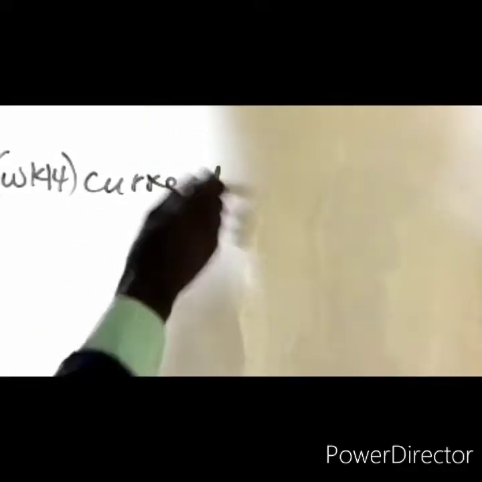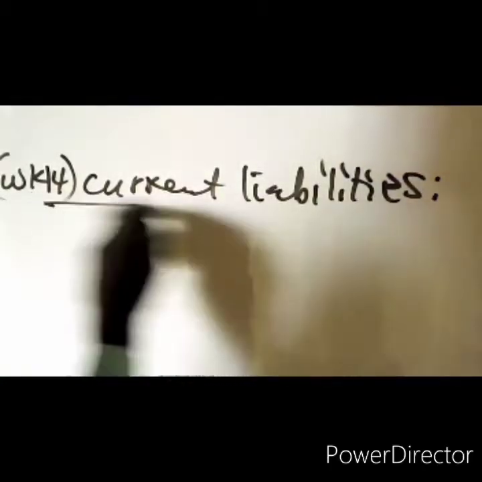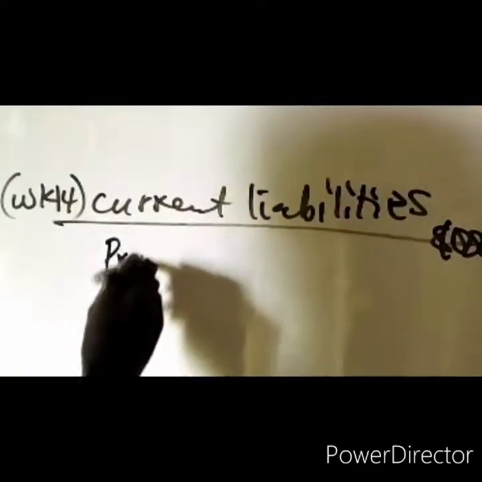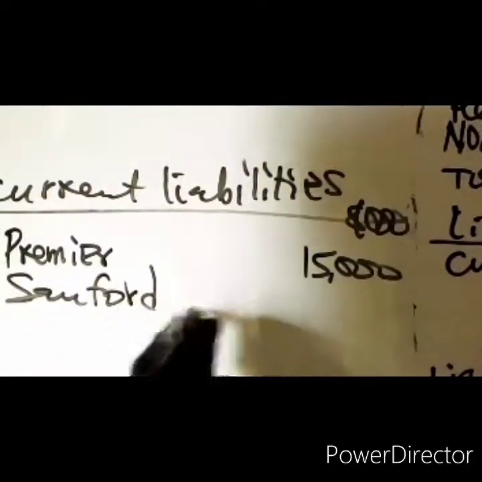Let's have working 14, current liabilities. We have that of Premier, 15,000. Sanford, 6,800.